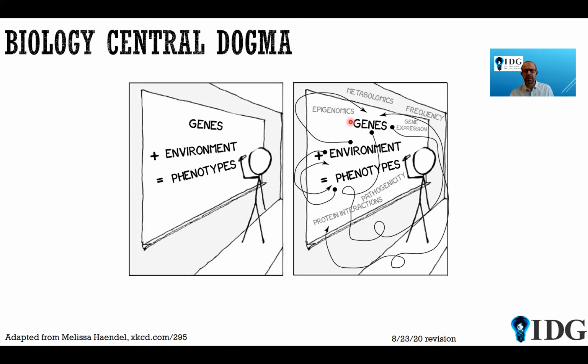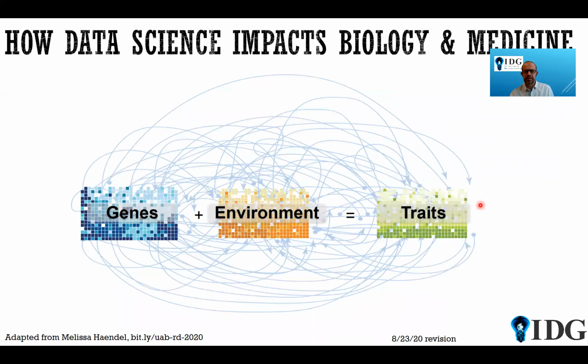We need to take into account epigenomics and metabolomics, pathogenicity, multiplicity of protein interactions, variable gene expression data, and frequency of alleles, and SNPs, etc. So it's all rather complex, and it turns out that we need to try to understand all these multiple interactions that help us travel from genes and environment to map traits.